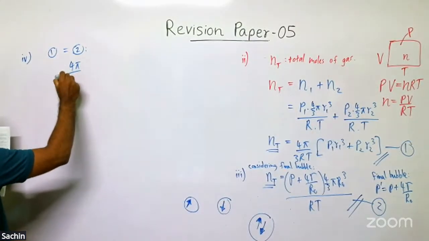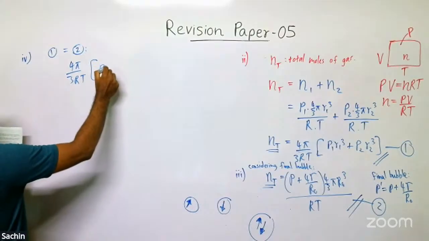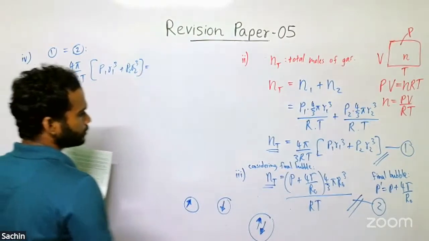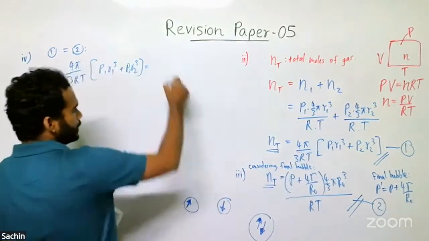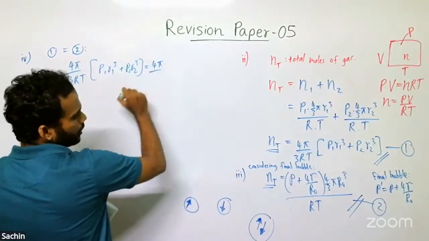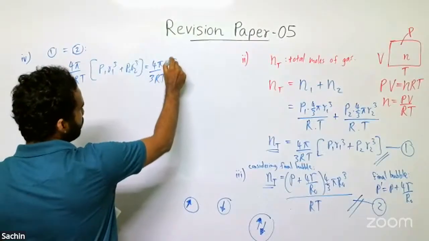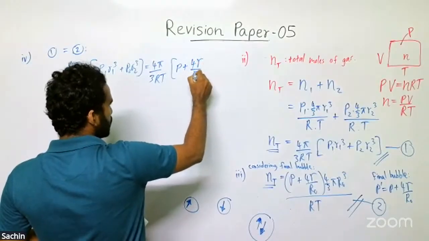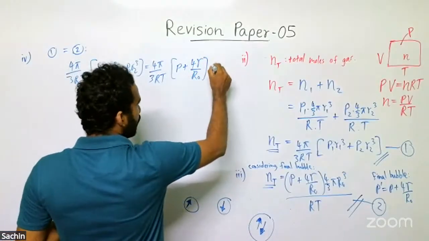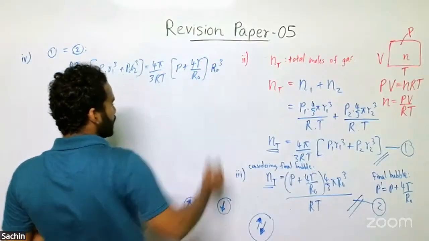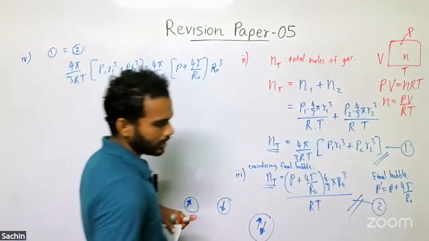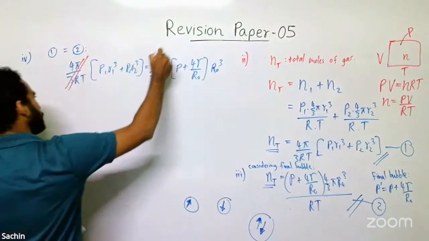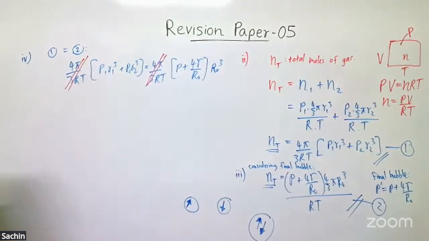So 4 pi upon 3 RT, P1 R1 cube plus P2 R2 cube should be equal to, again I can rearrange this, 4 pi upon 3 RT times P plus 4 gamma over R naught, times R naught cube. You see, I just rearranged the same equation, because when I rearrange, I can easily solve.